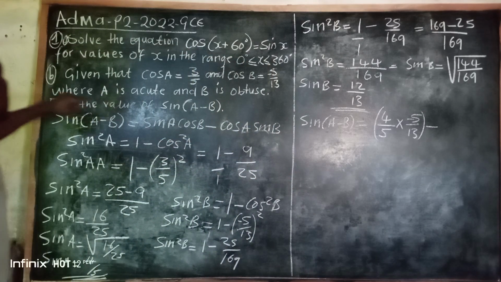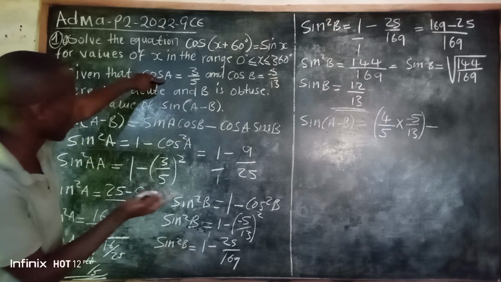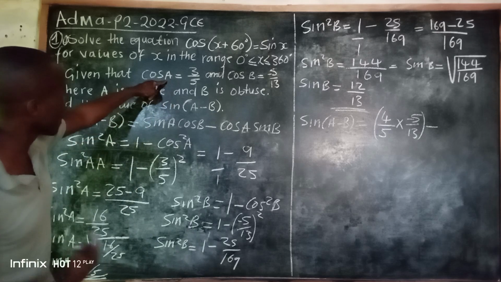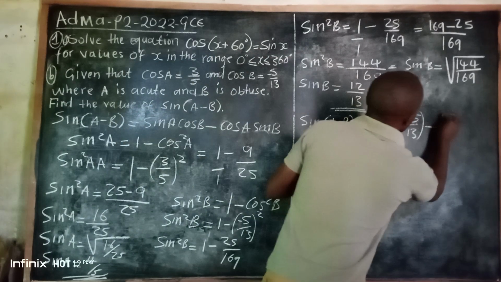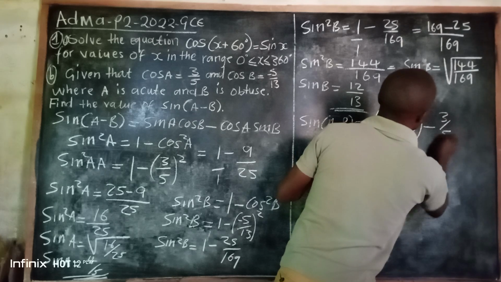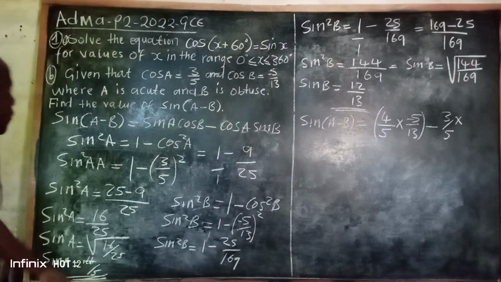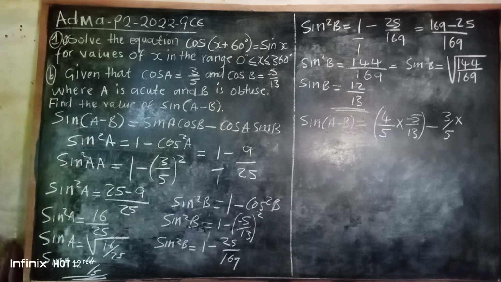Again, we go to this side now. Cos A. Do we have cos A? Yes, we are given it. A is what? Acute. So all angles in the first quadrant are positive. So just pick it the way it is. Positive 3 over 5. 3 over 5. Then times. Then we go to sine B. Sine B. Do we have sine B? Yes, we have it. Sine B, we have found it.